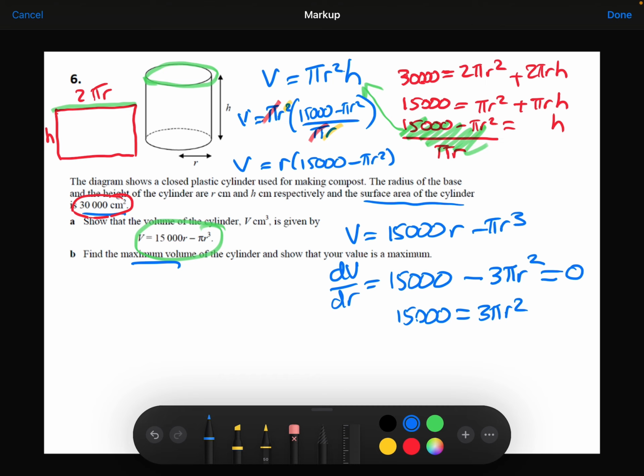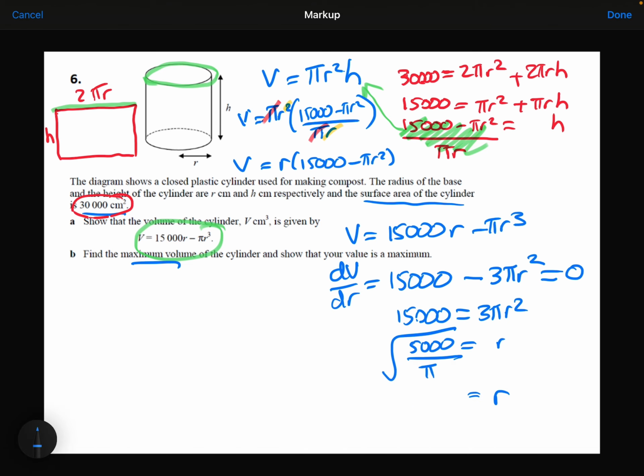Divide by 3. Divide by pi. And square root. Which gives the radius, when there's a maximum volume, as 39.89.